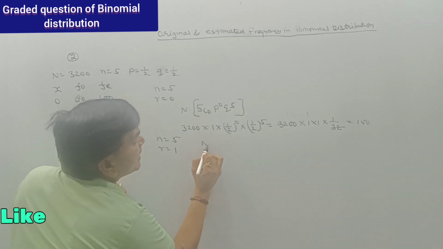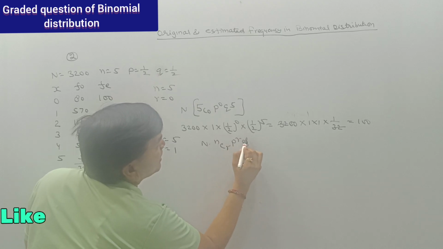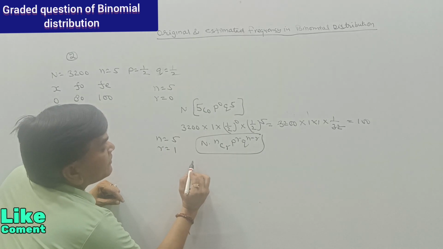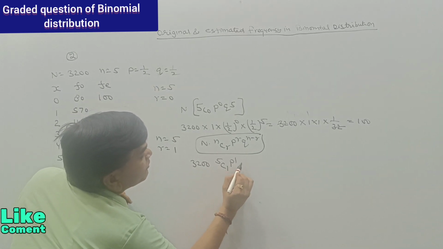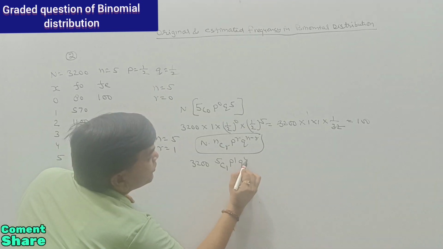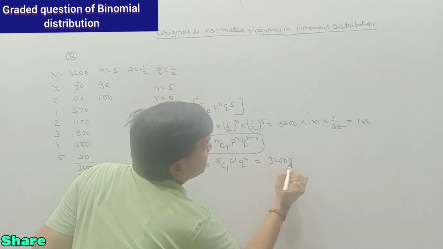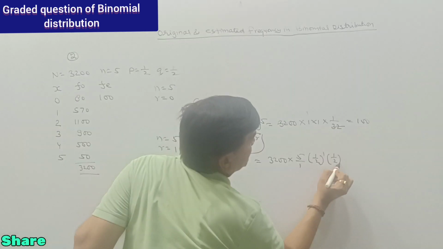So the formula is capital N, nCr, p raised to power r, q raised to power n minus r. That is the formula. So we have 3200, 5C1, p raised to power 1, q raised to power 4. So 3200 multiply 5 upon 1 multiply 1 by 2 raised to power 1 and 1 by 2 raised to power 4.